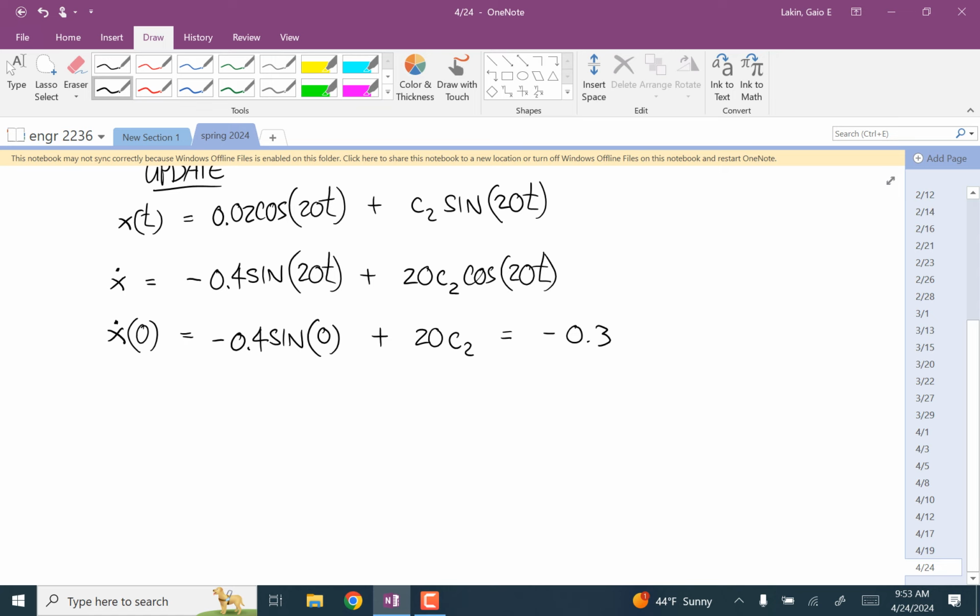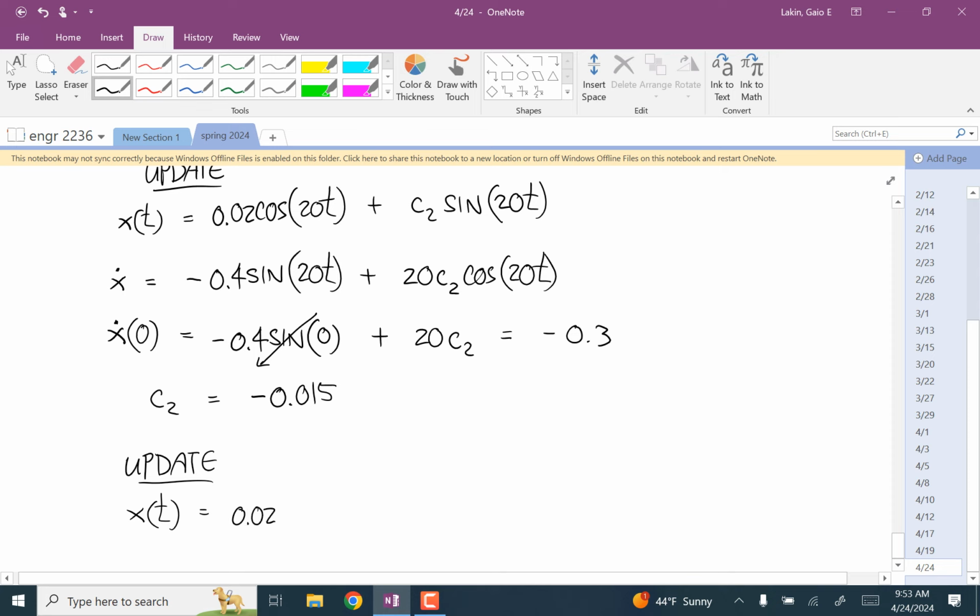This one goes away. And so C2 is equal to negative 0.015. And so our final equation of motion for this would be x as a function of time is equal to 0.02 cosine of 20t minus 0.015 sine of 20t.